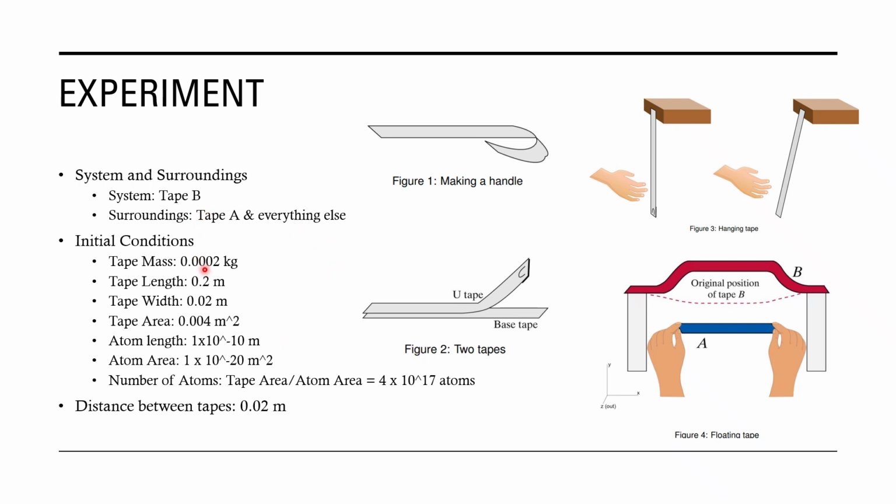Through measurements that we did during the lab, we got all these measurements, and we were given that the atom length is 1 times 10 to the negative 10th, but since we also need the area to find the actual number of atoms, we multiplied this again by itself to get this number, and then we divided it by the tape area, which is this number right here, to get this number right here. And then we also saw that the distance between the tapes while it was floating was this number right here.